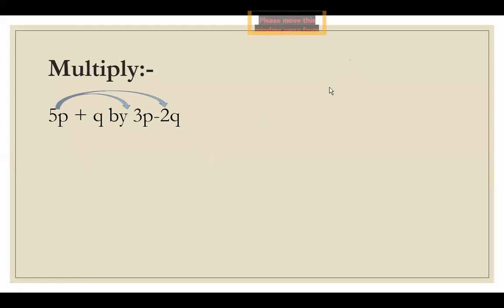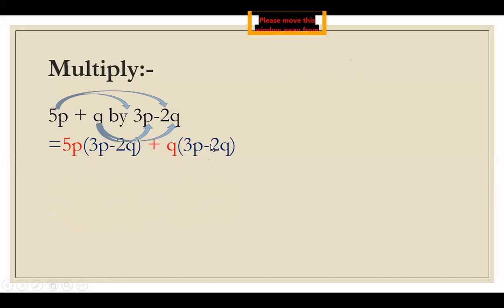Yes, Adina Asif, now you can rename yourself. Okay, what we have to do, students? What we have to do in the first step? First term, second bracket, and second term, second bracket.